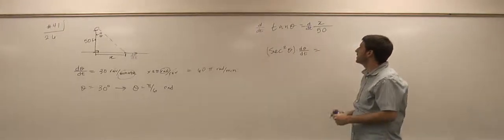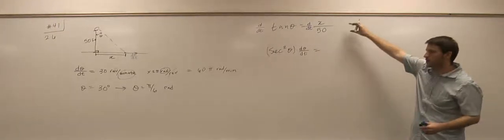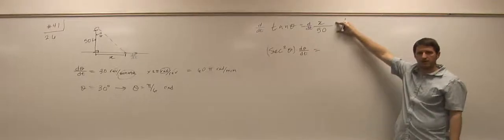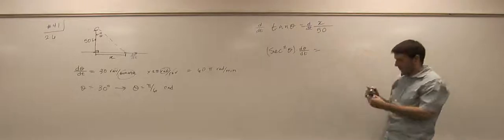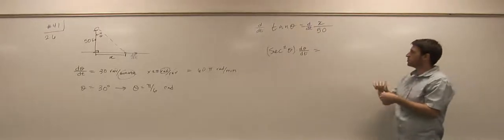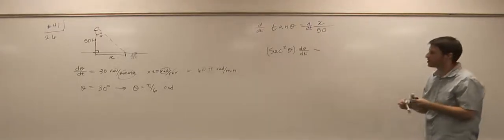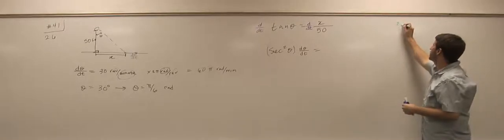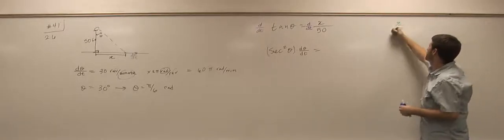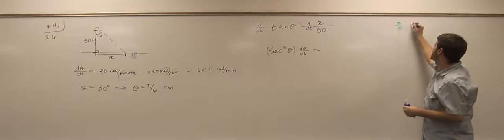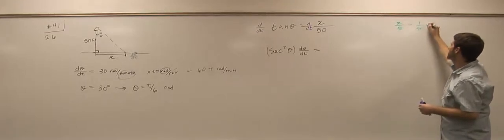equals, what happens on this side? Do I have to do quotient rule here? You want to hopefully start thinking of division by a constant just like multiplication by a constant. x over 50 is the same thing as 1/50th x.